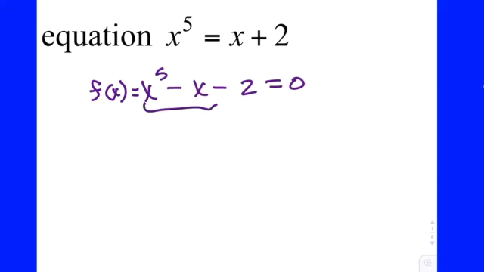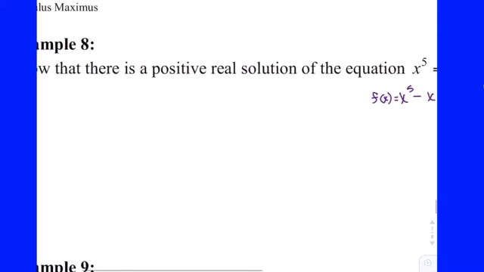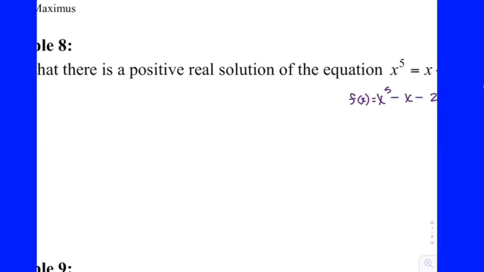Is this function that we've now defined continuous? It's a polynomial. It's continuous everywhere. So I need to have some numbers. I need to have a closed interval. How am I going to do that? I'm looking for a positive real solution.